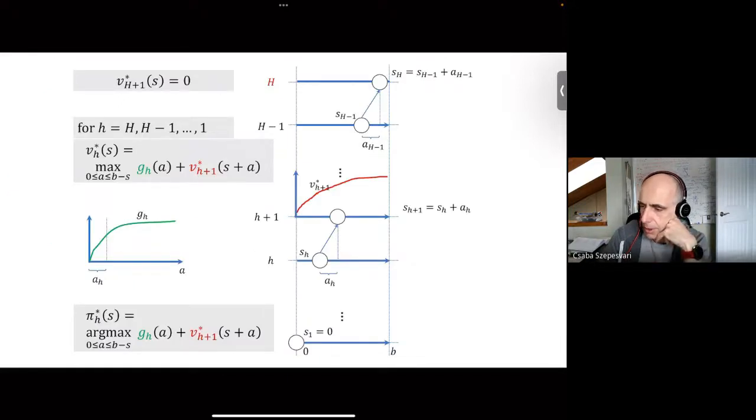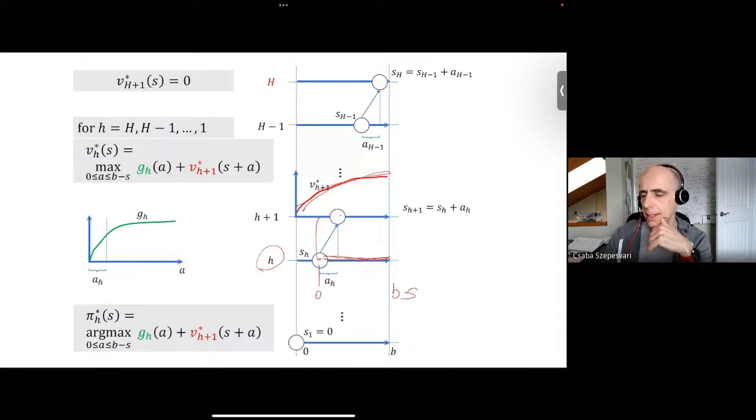So here, when you have to do the calculation for stage H, you have a state. And for that particular state, you need to consider all actions in this interval, where you can step. So the 0 is here, and this is B minus S. In this interval you have to consider all the actions. And then if you already have this other function, then you can read out how much you would get.